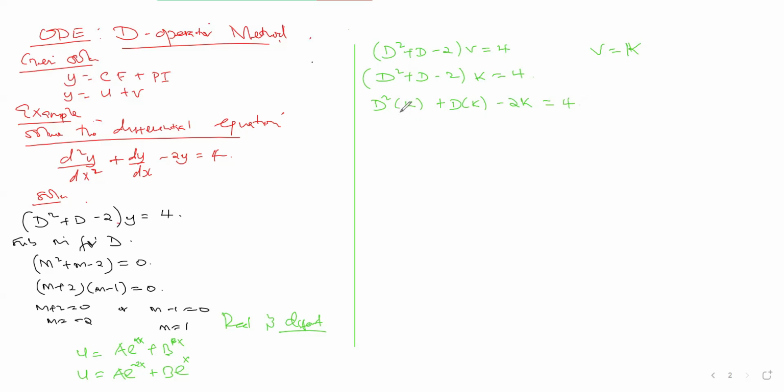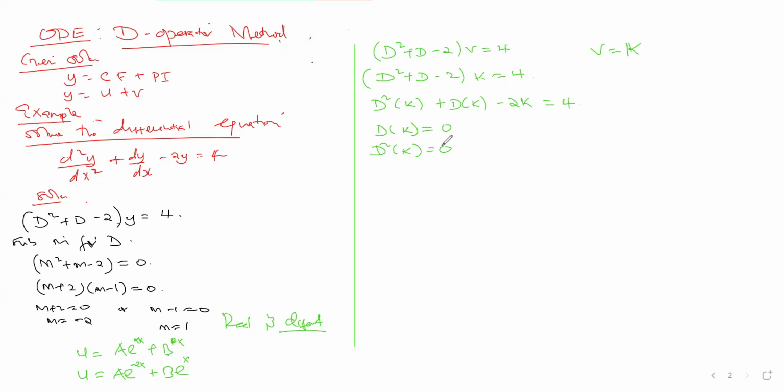Now, what does this mean? This means you find the second derivative of this function, find the first derivative of this function, and this is just 2k. Now, when you differentiate a constant once, what do you get? 0. Even when you differentiate a constant twice, it still gives you 0.